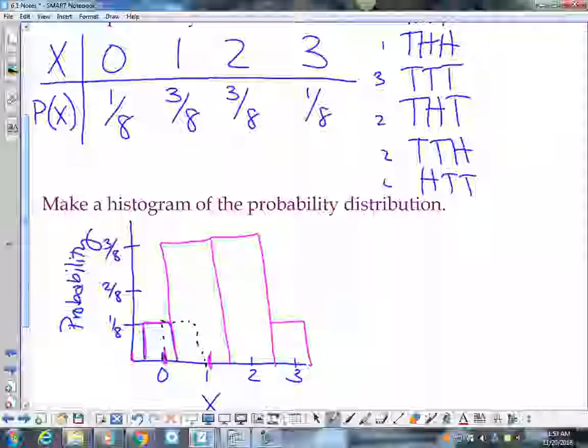Is there any data in between 0 and 1? It's either 0 or it's 1, right? Does that make sense? Guys, that's the definition of discrete. Discrete means it's either this number or it's this number, and there's nothing in between. It's just these particular numbers.